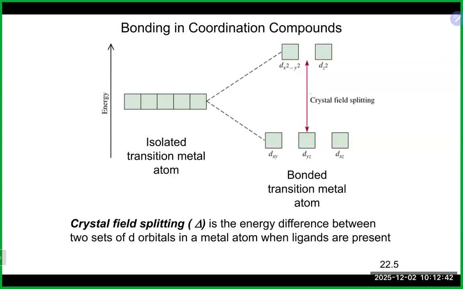This splitting is what is referred to as crystal field splitting. It is the energy difference between those 5 d orbitals as they split when the ligands are present.